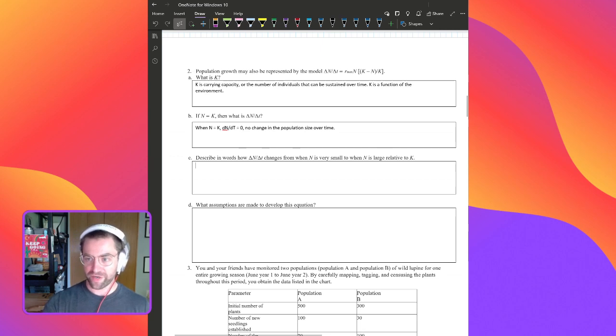All right, so we're looking at our equation here. We've got a large initial population or a very small initial population. So when n is very small, our population is growing exponentially.